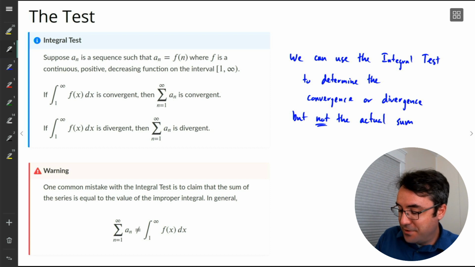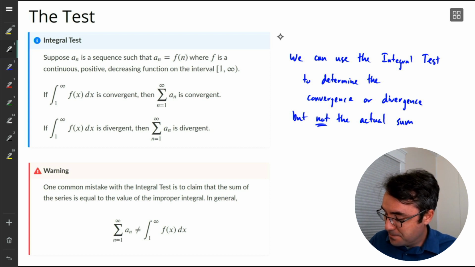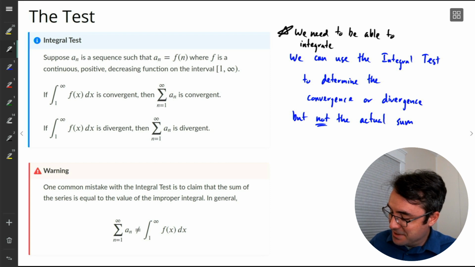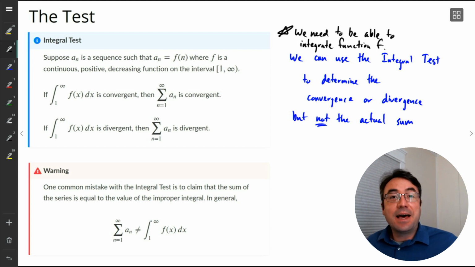So that's another important thing here. It might sound silly to write this out, but it's worth mentioning because we've developed a lot of integration techniques along the way, and being able to actually integrate the function is not necessarily an easy task.